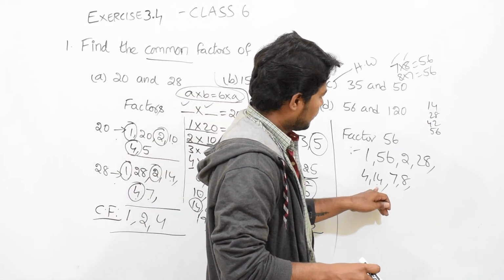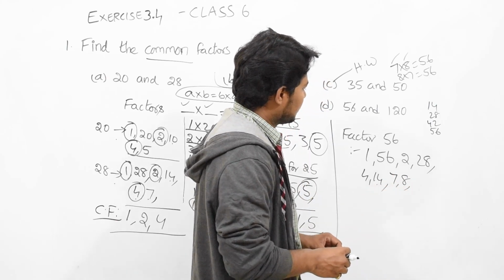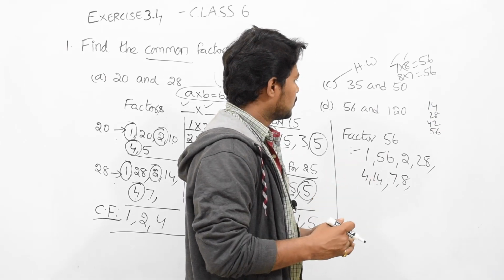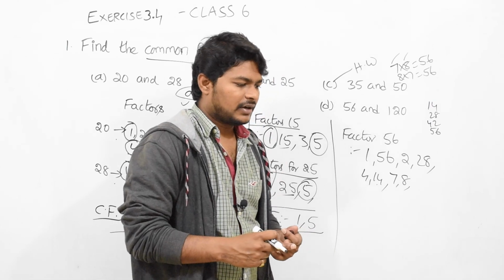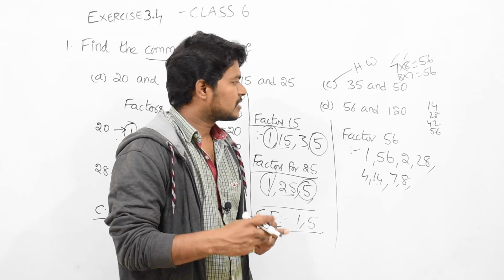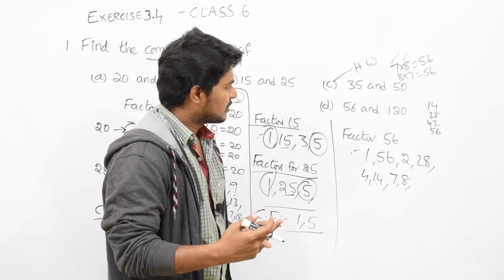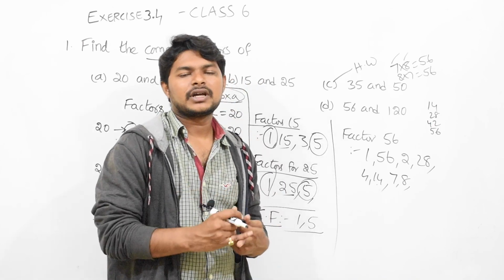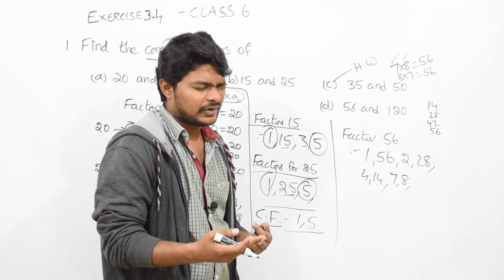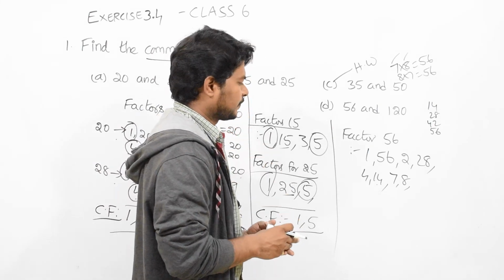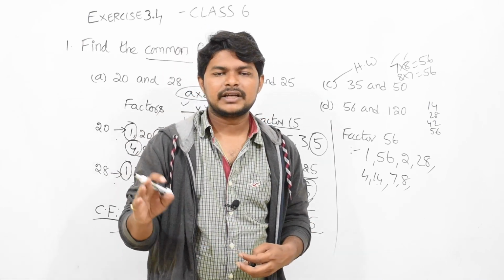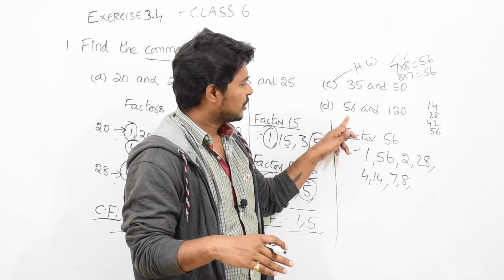14, 15, 16. 16 ones are 16, 16 twos are 32, 16 threes are 48, so no. 17, no. 18 ones are 18, 18 twos are 36, 54, no. 19, 38 plus 19 is how much? 57, okay, so the 19 table also does not come, then the 20 table does not come, then 21, 22, 23.